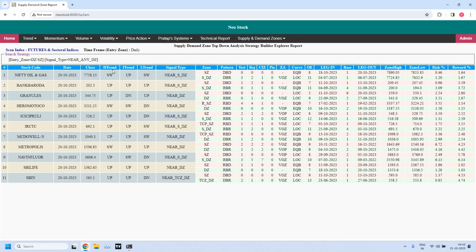Please also study the HTF trend, that is the monthly trend, weekly trend and daily trend. You should also focus on the number of tests, and on curve or location. The odd enhancer score will also help you to some extent, but it is a total score out of 15.